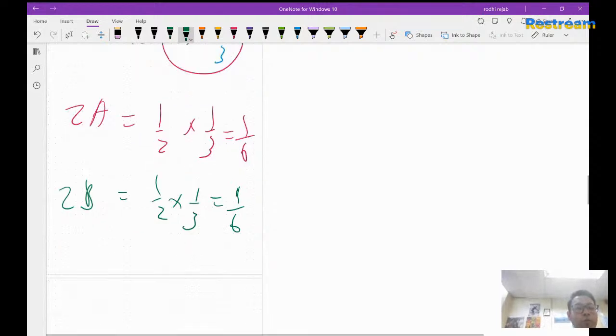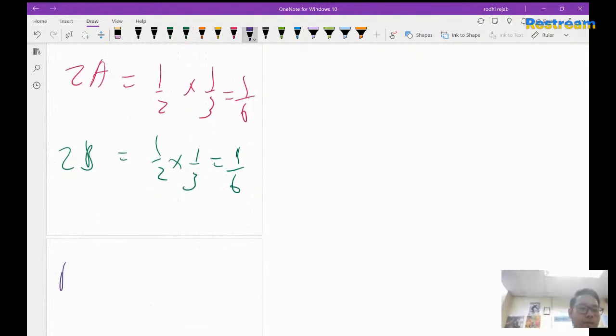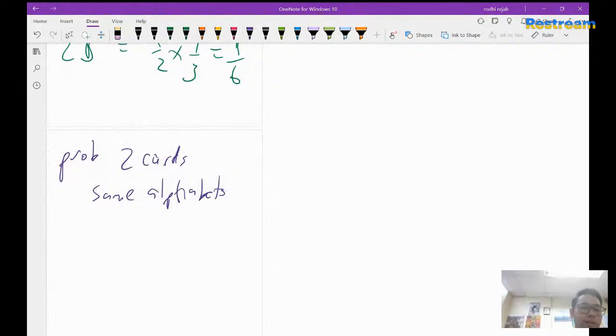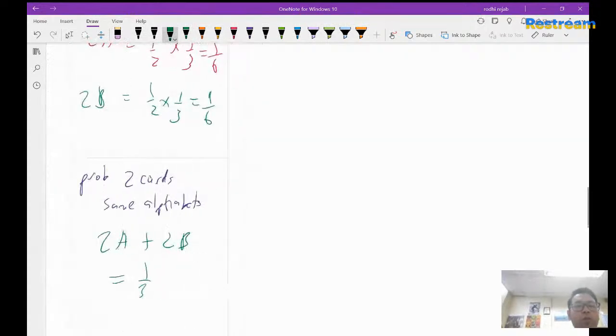So the probability for you to get 2 cards with the same alphabets for winning is either 2A plus 2B, which we have calculated here, which gives you 1/3. The chance for you to win is actually 1/3, not 1/2.